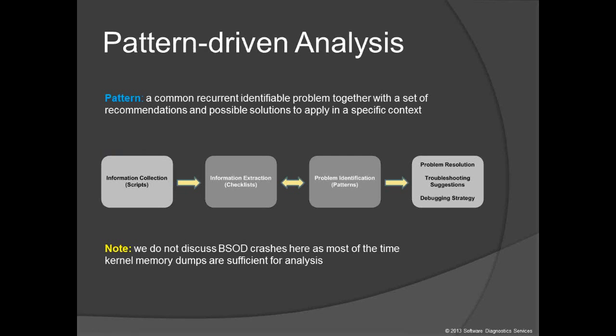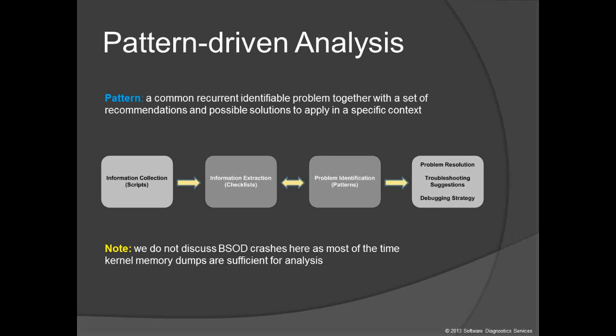A few words about pattern-driven analysis. Here I provide a typical pattern example. For example, we identified process heap corruption and suggested program instrumentation to narrow down a set of suspicious modules by using either gflags from Debugging Tools for Windows or Application Verifier.